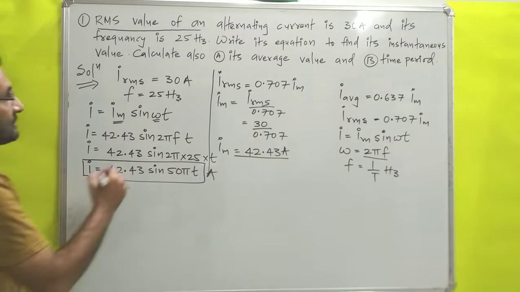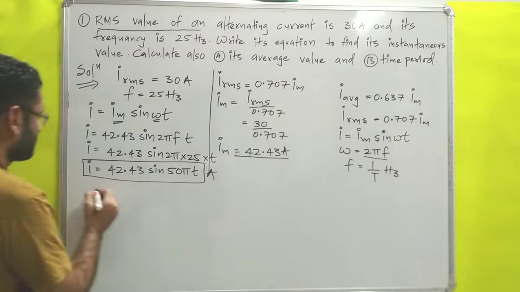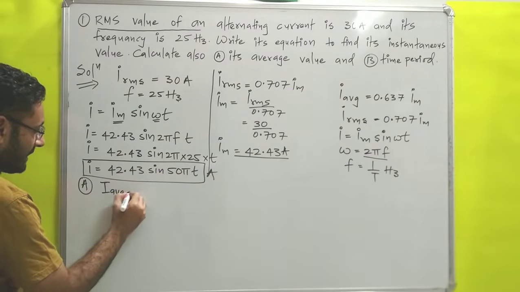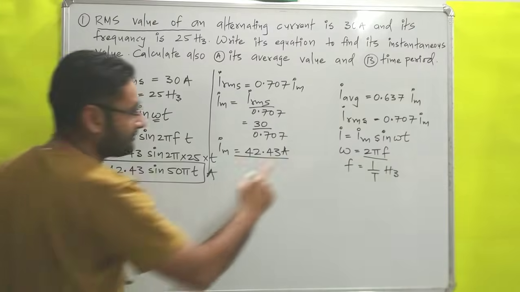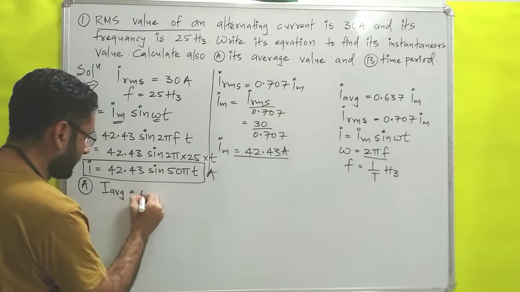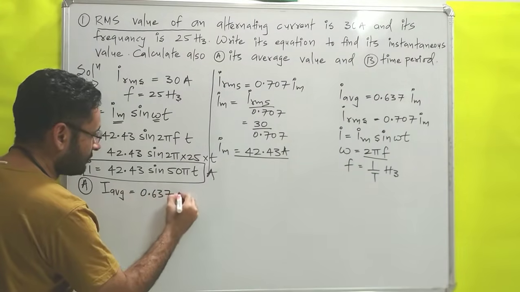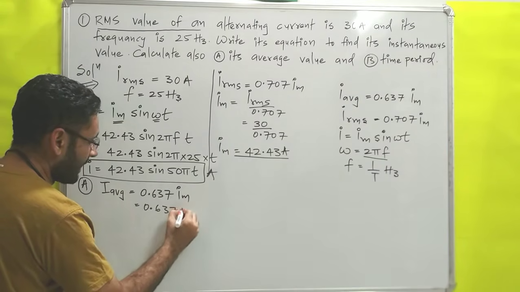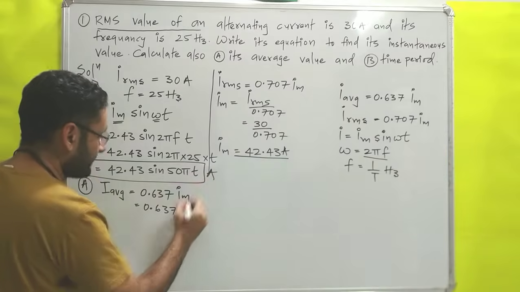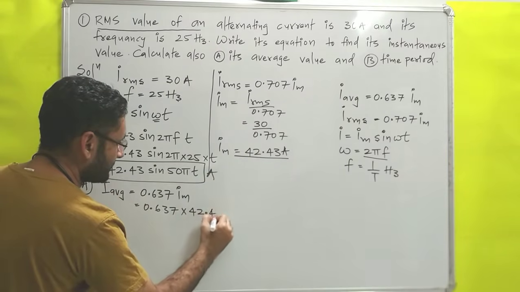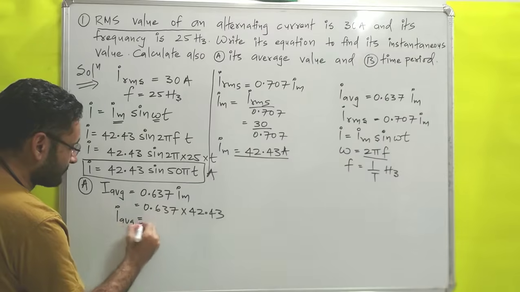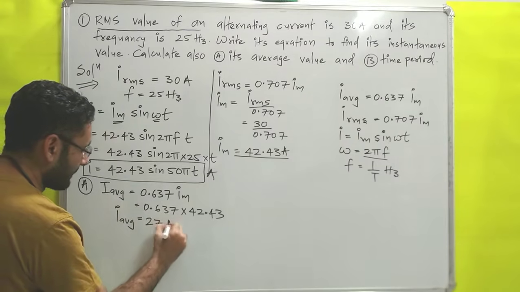Next question: A is its average value. So I average, which you know very well, is 0.637 of Im. We have already calculated Im as 42.43. If you multiply this, you will get the value of I average, which is around 27 ampere.